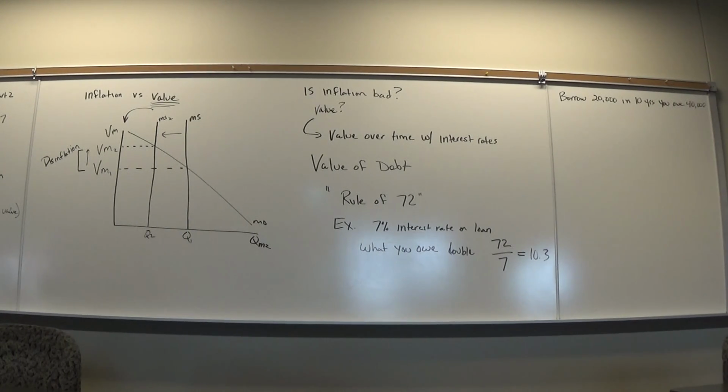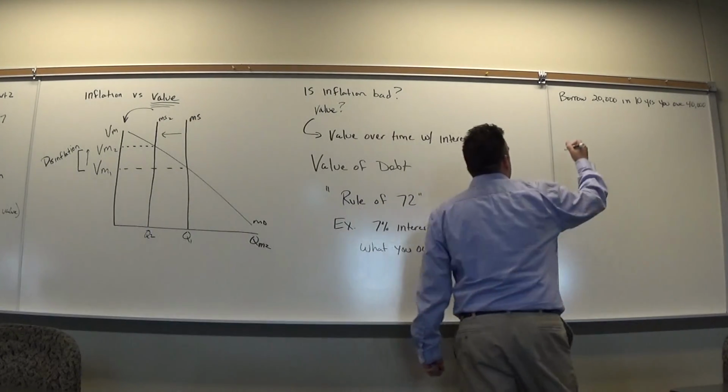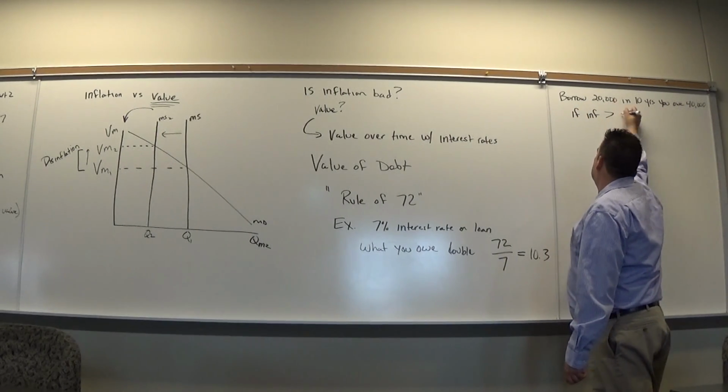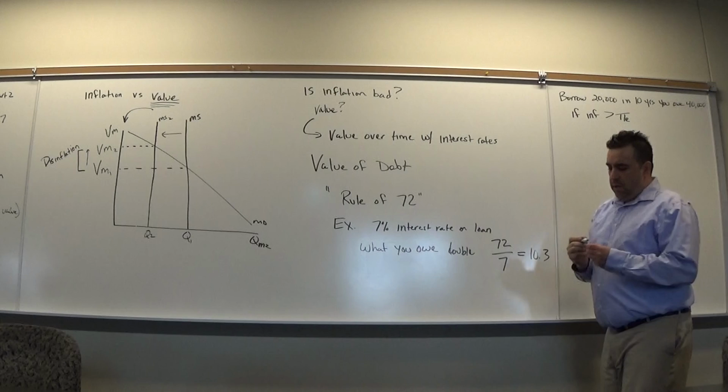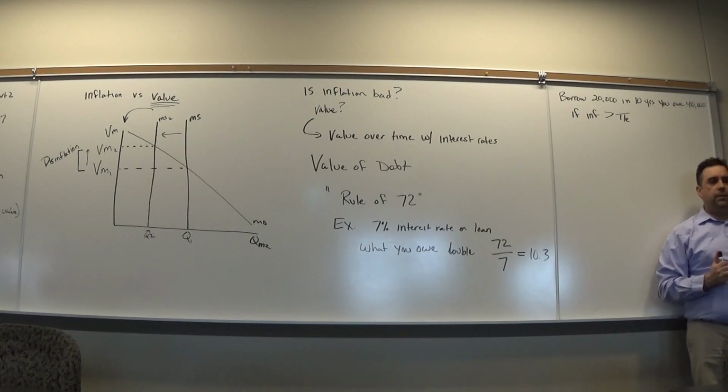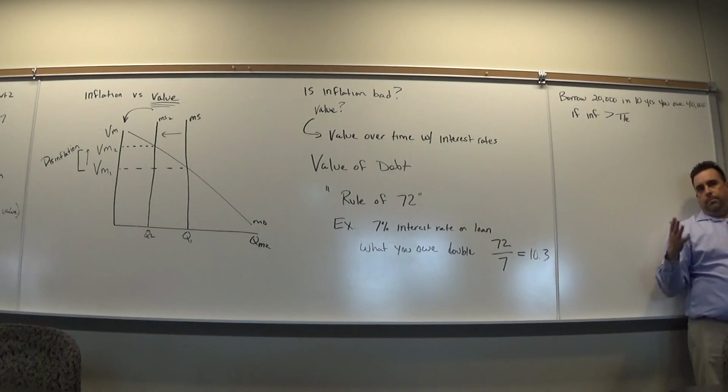So what we want to do now is ask, well, how does value affect that? Well, if our inflation rate is greater than some expected inflation rate, meaning when the bank sits down and makes out this loan, one of the things they're taking into account is the inflation over time. Well, what if they're not right?